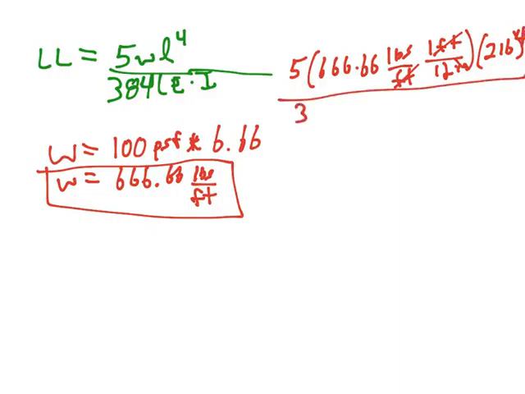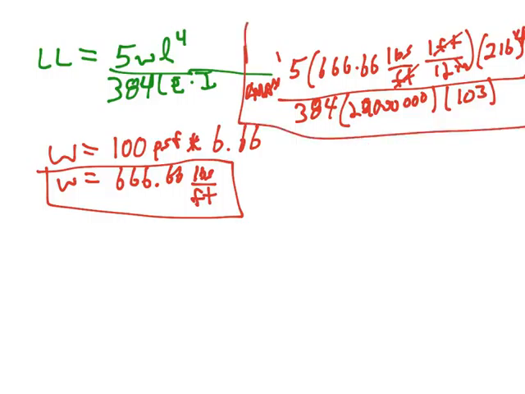Divided by 384 times 29 million times 103 is going to get us our deflection for the live load. So that's our delta max again. Let's run that and figure out what we got.